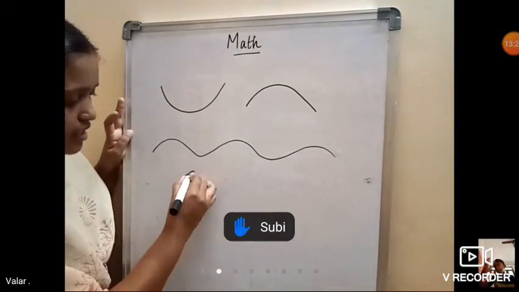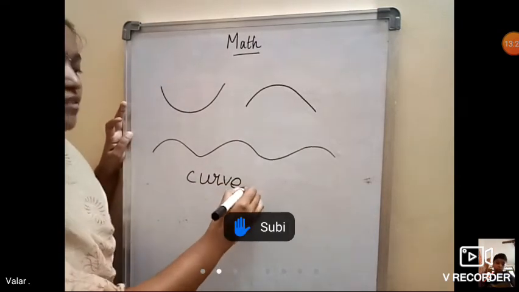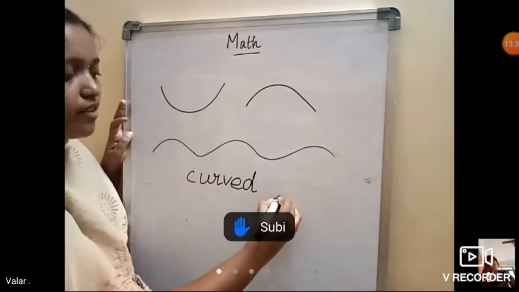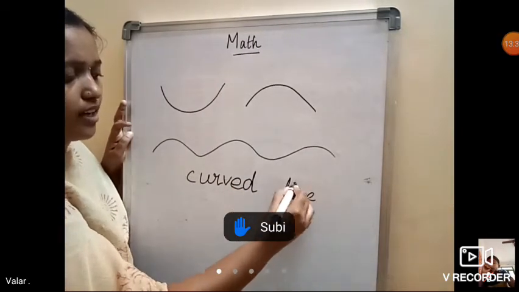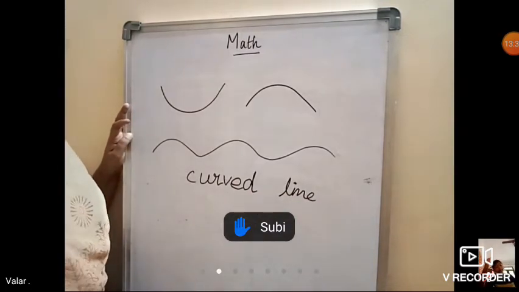Curve spelling is C-U-R-V-E, curve, C-U-R-V-E-D, curved. Curved line. This is called curved line.